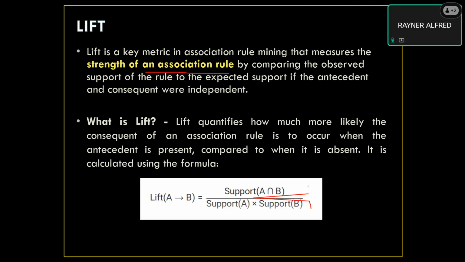The higher the value of the lift, the better. Lift quantifies how much more likely the consequent of an association rule is to occur when the antecedent is present. So we are looking at how strongly they occur whenever you have A here.